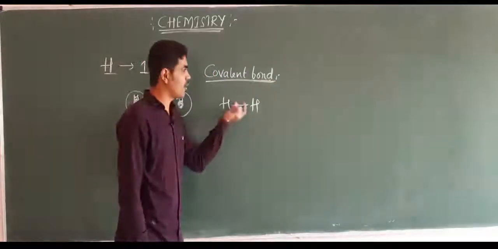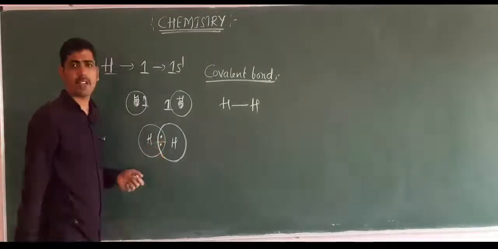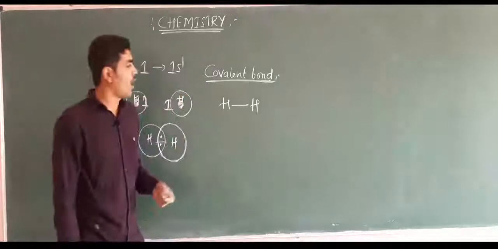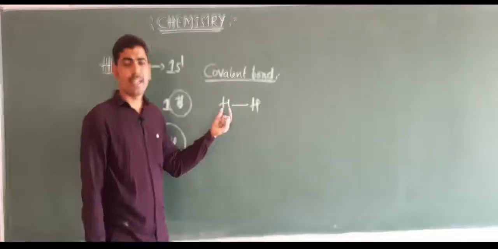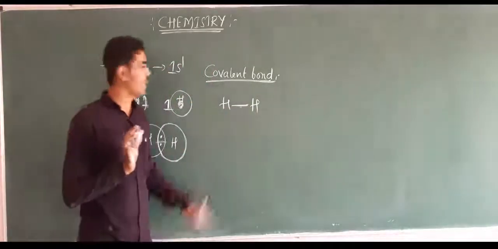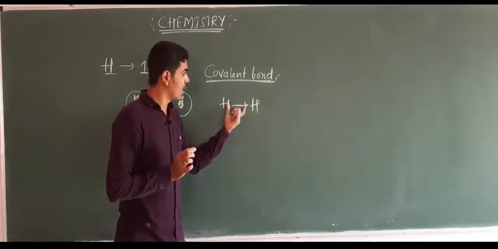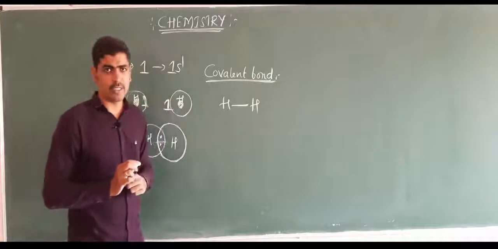If that bond is formed due to the sharing of electrons, then it is said to be covalent bond. ಆ ಬಾಂಡ್ ಫಾರ್ಮ್ ಆಗಿರುತ್ತಲ್ಲ, ಬಾಂಡ್ ಮೀನ್ಸ್ ವಾಟ್, ಬಂಧ ಅಂದ್ರೆ ಏನು, ಲಿಂಕೇಜ್ ಬಿಟ್ವೀನ್ ಟು ಅಟಮ್ಸ್. ಎರಡು ಅಟಮ್ಸ್ ನಡುವೆ ಲಿಂಕ್ ಕ್ರಿಯೇಟ್ ಮಾಡುವಂತ ಅಟ್ರಾಕ್ಟಿವ್ ಫೋರ್ಸಿಗೆ ನಾವೇನು ಹೇಳ್ತೀವಿ, ಬಾಂಡ್ ಅಂತ ಹೇಳ್ತೀವಿ.